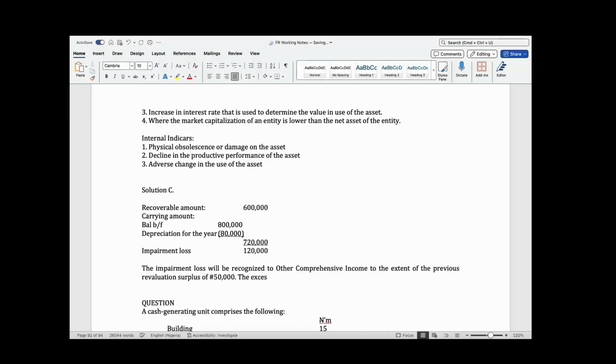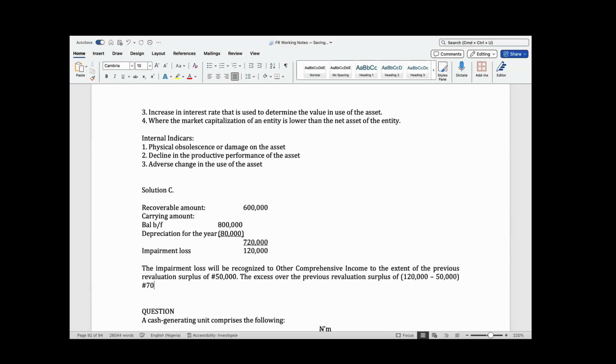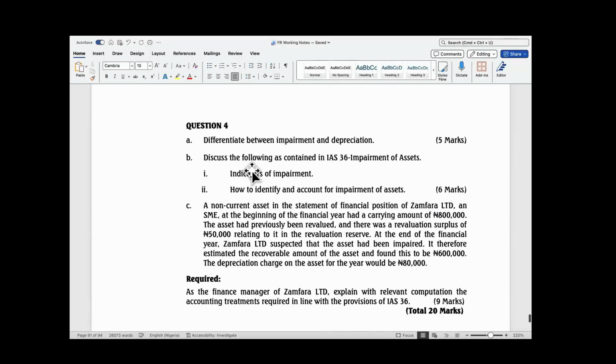So the excess over the previous revaluation surplus, of 70,000, can then be recognized to profit or loss. And that's really how it's going to be treated.